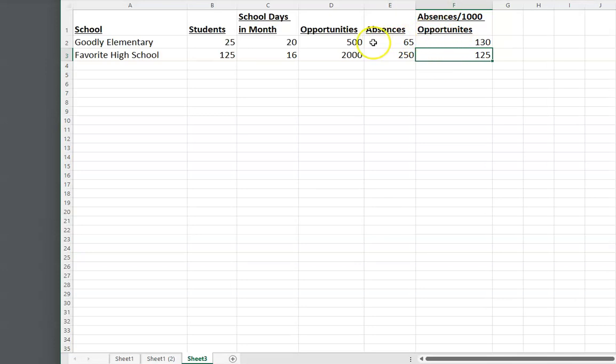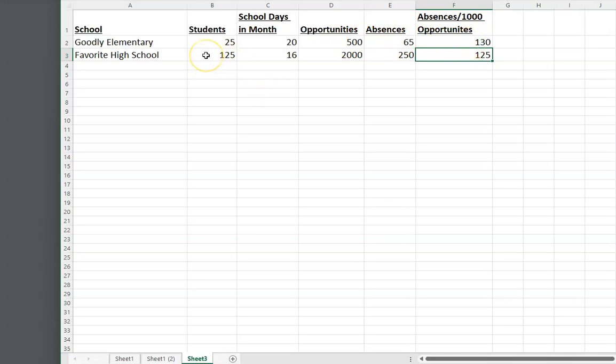And you can kind of do the math in your head here. So there were 500 opportunities and 65 absences. And so if we normalized that to 1,000, we would have to double the number of opportunities to get to 1,000. So we double the number of absences, and then we get to 130 absences per 1,000 opportunities.